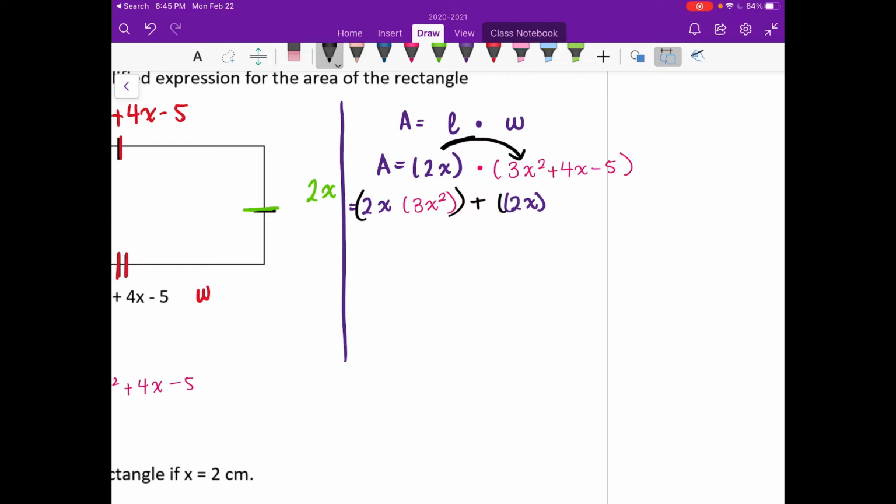Plus 2x multiplied, what's the next term there? 4x, right? Multiplied by 4x. Then I have a minus coming up. It's going to be minus 5 multiplied by 2x times 5.